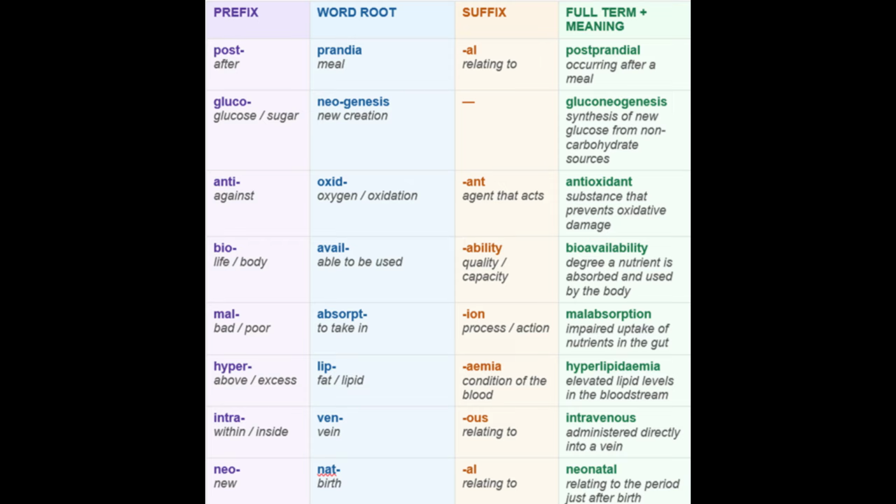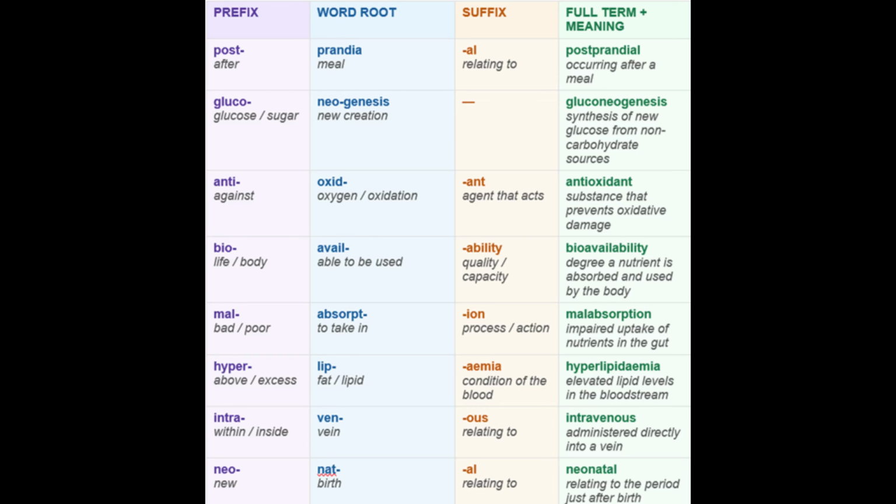So postprandial refers to something that occurs after a meal. Next, gluconeogenesis. The root gluco refers to glucose or sugar, and neogenesis means new creation. So gluconeogenesis refers to the synthesis of new glucose from non-carbohydrate sources.